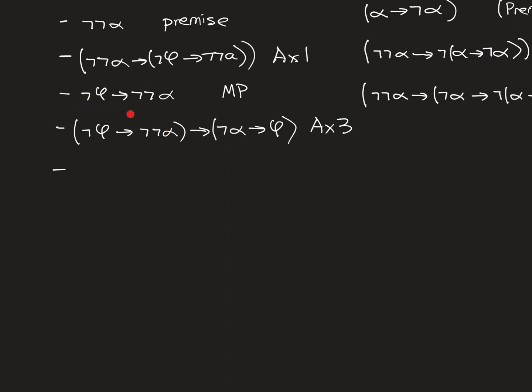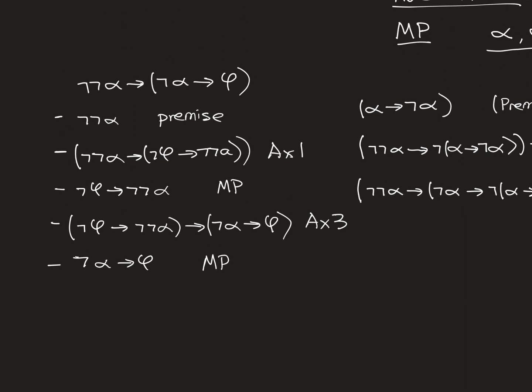Here we've got this, it's here in the antecedent here. So modus ponens with those two gives us then that not alpha implies phi, which is exactly what we wanted. So this is by modus ponens. And then by the deduction theorem then, we have what we wanted, that not alpha implies not alpha implies phi. So this is always provable with no premises, just from the axioms.